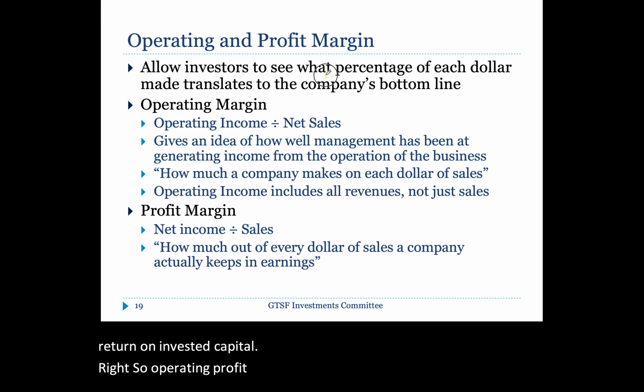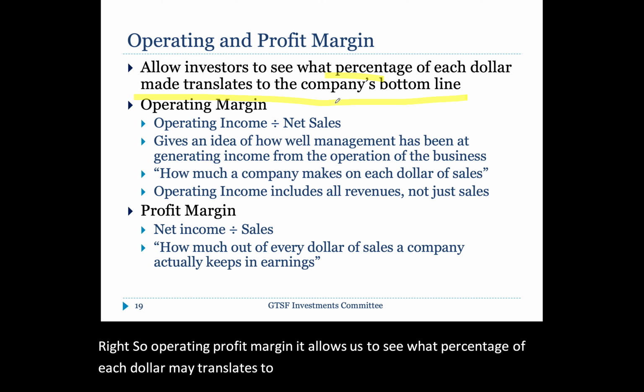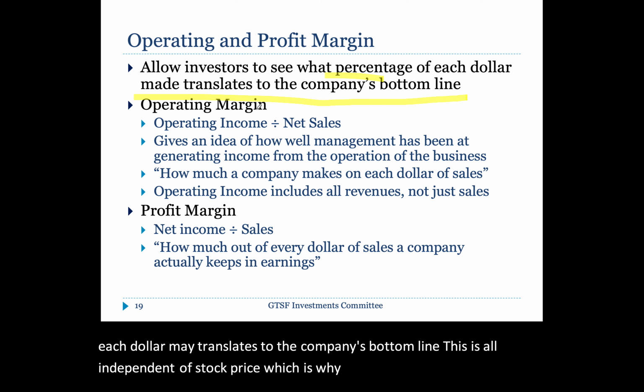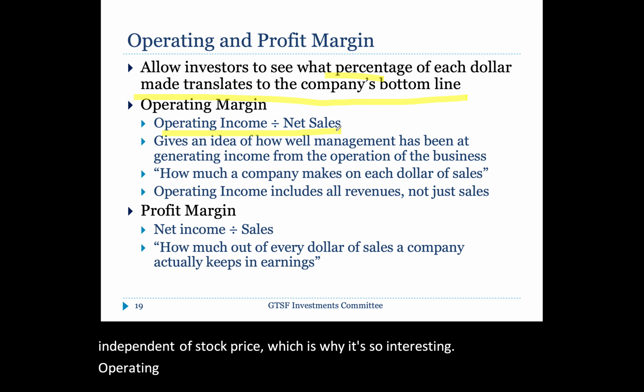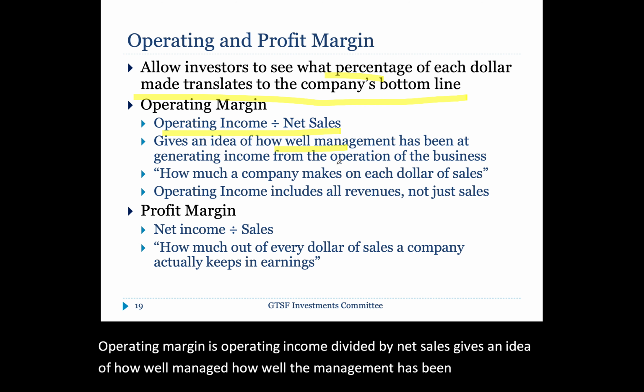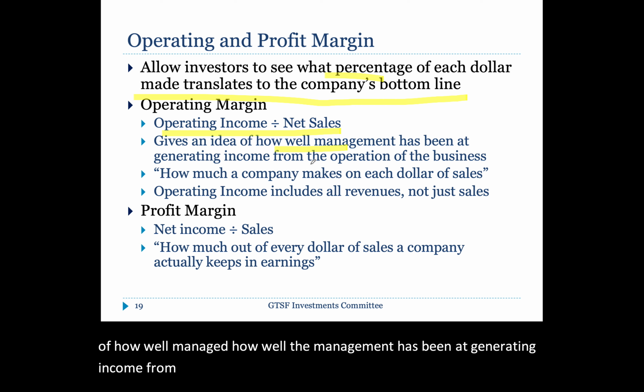It allows us to see what percentage of each dollar translates to the company's bottom line. This is all independent of stock price, which is why it's so interesting. Operating margin is operating income divided by net sales. It gives us an idea of how well the management has been at generating income from the operation of the business: how much a company makes on each dollar of sales.